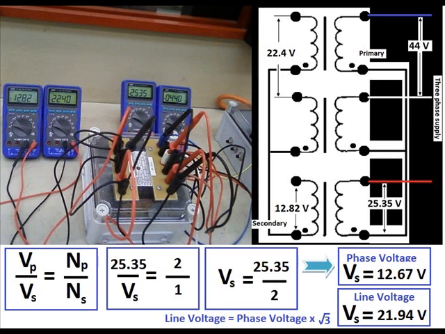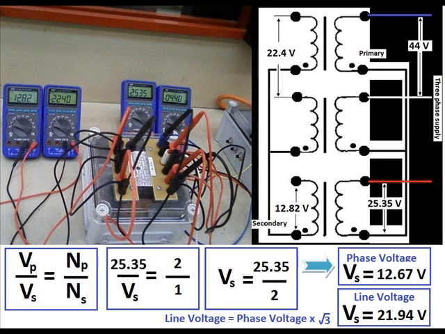Now again, with that same star-star configuration, we'll look at the use of the formulas, our ratios. We're utilizing the phase value when we're calculating the expected secondary voltage, because we must always work with phase values. So we've got 25.35 phase primary.